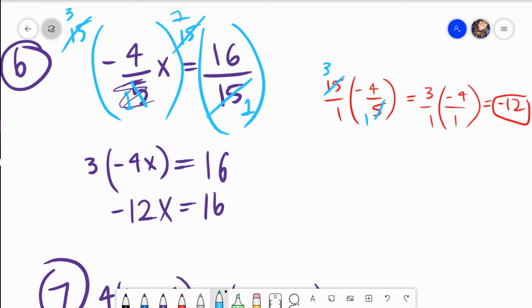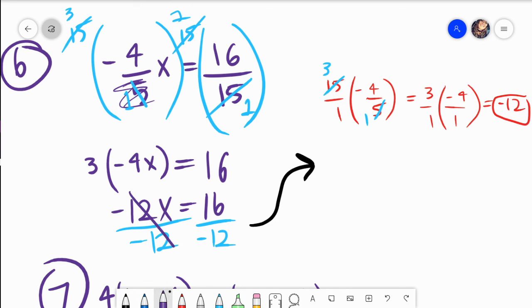I'm not done, though. Now my x is multiplying with the negative 12, so I need to divide by a negative 12. I'm moving right here, y'all. If you do that division, what happens are my negative 12s cancel, and I'm left with x, right? That's the only thing that remains, equals.